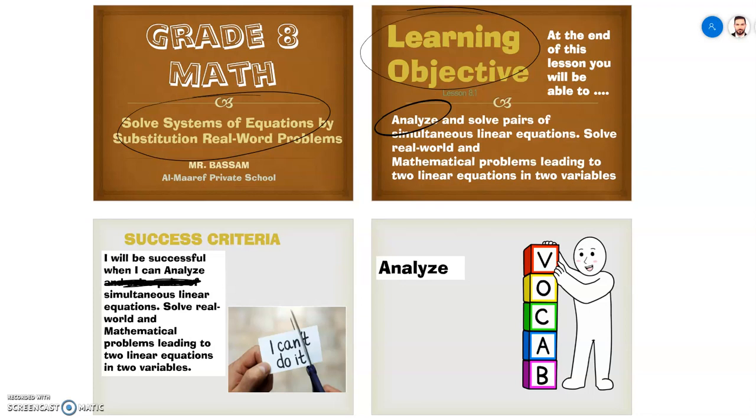Our success criteria: you will be successful when you can analyze simultaneous linear equations for word problems leading to linear equations in two variables. We are going to continue with the word analysis, and we have to translate more questions and word problems.